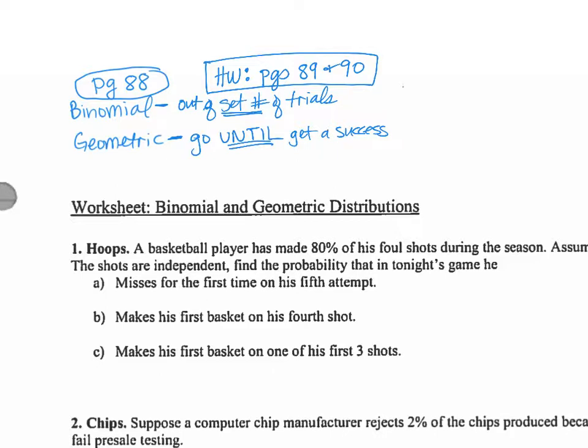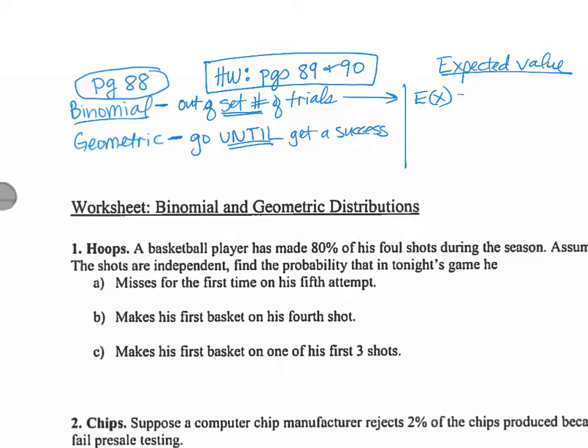Now, one other thing I wanted to talk to you about is the expected value. So what would we expect? If, say, you had 50 trials, the way this would read for a binomial problem, you would say, out of 50 trials, how many heads on a coin flip do you expect to get?